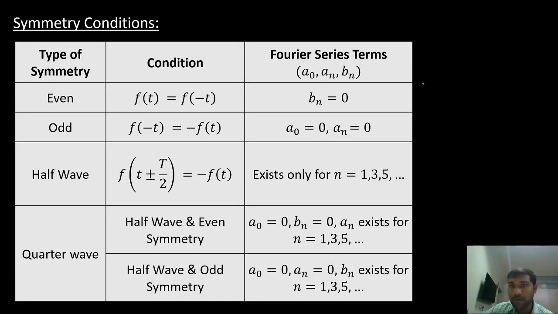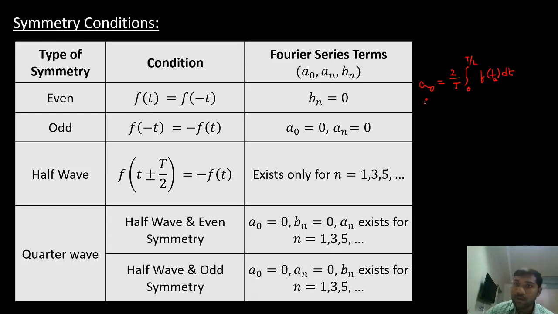So for an even signal, A naught is equal to 2 by T, integral 0 to T by 2, f of t dt.